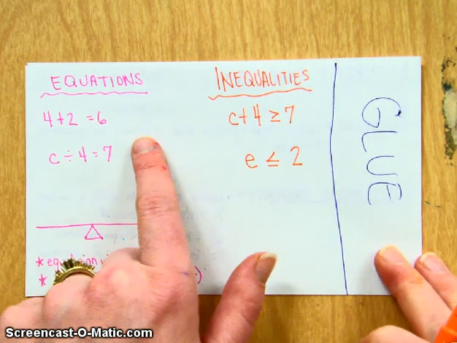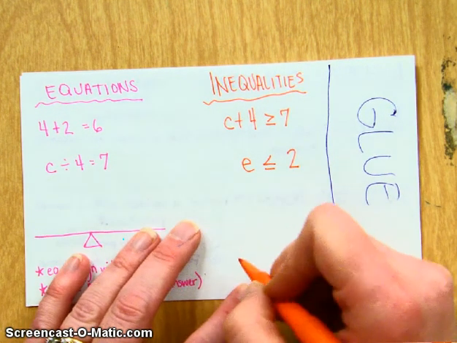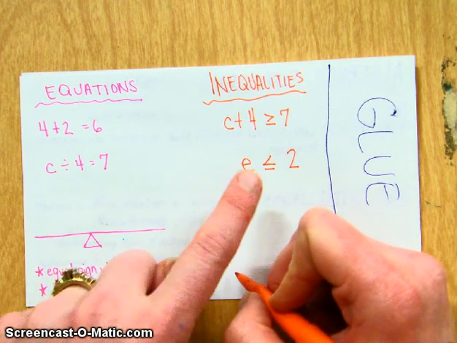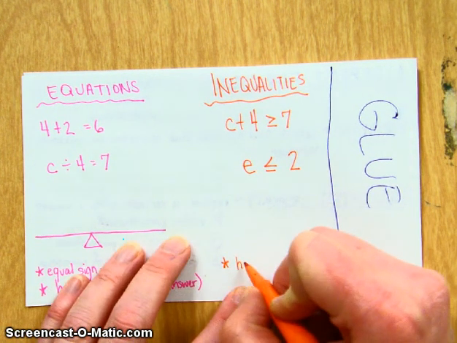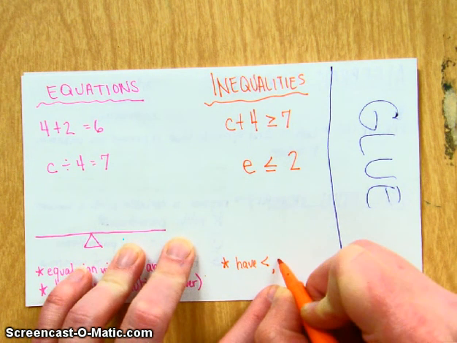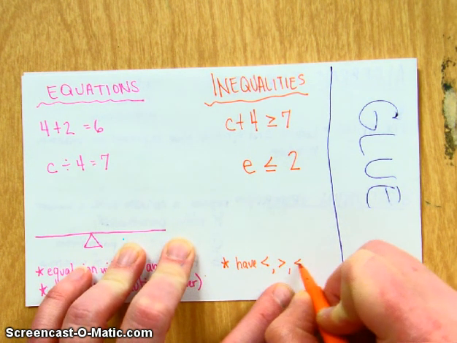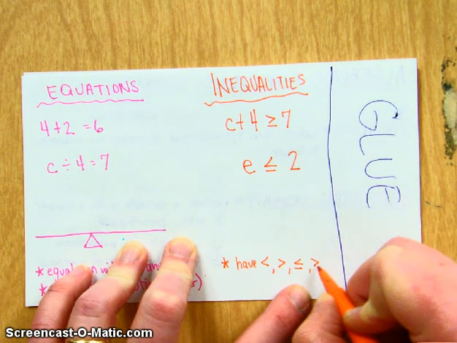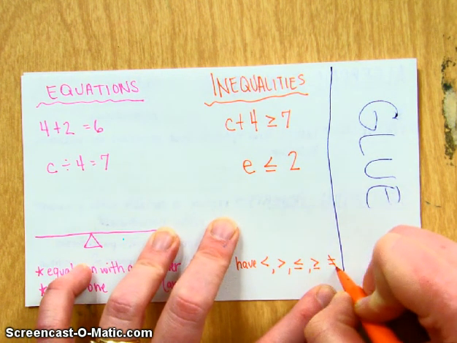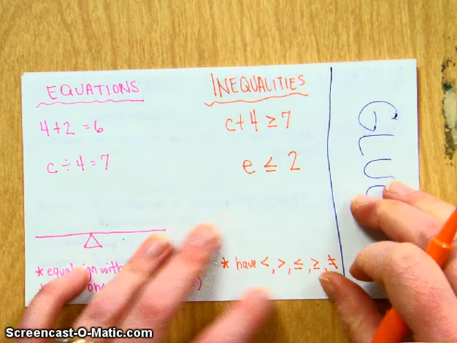It's similar to equations, but the difference between equations and inequalities is that they use less than, greater than, less than or equal to, greater than or equal to. You might even see this, not equal to.